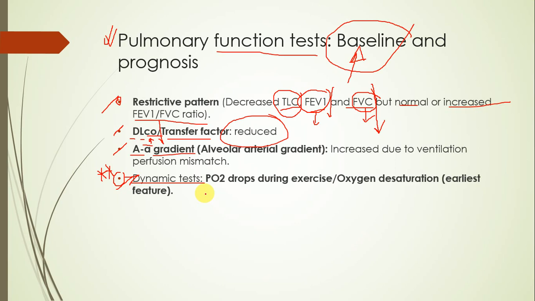So whenever someone comes with a complaint of exertional shortness of breath and a dry cough, you might want to do a dynamic test, which includes telling the patient to do some form of exercise and measuring the partial pressure of oxygen in an ABG sample before and after exercise. And if you see there has been a significant drop of partial pressure of oxygen after exercise, you would consider that this might be a case of idiopathic pulmonary fibrosis or simply a DPLD.